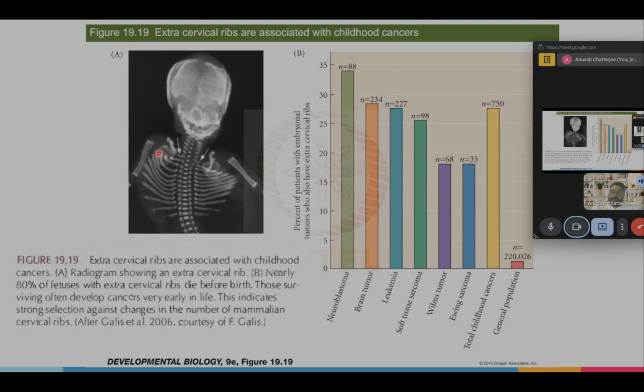So essentially, if extra vertebrae are detected, they are a surefire indication of there being changes in the gene behind it, and that gene also helps support stem cell proliferation, which can give rise to cancers, which we see right here.